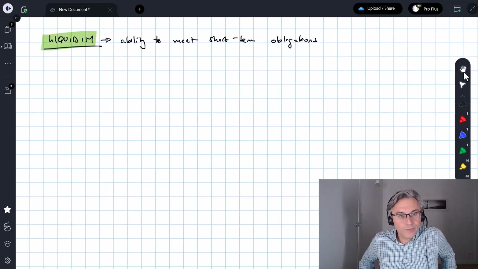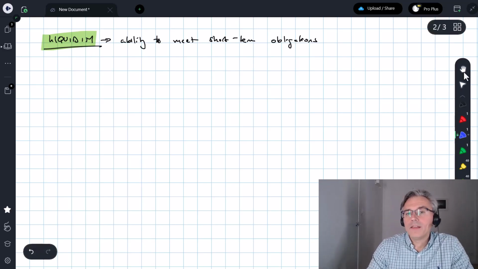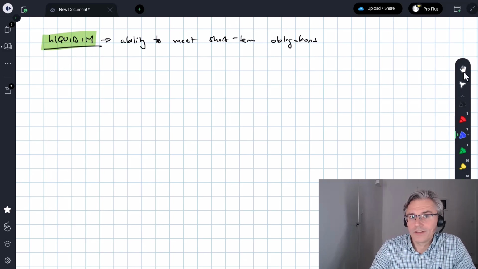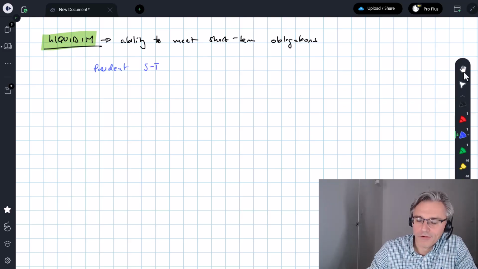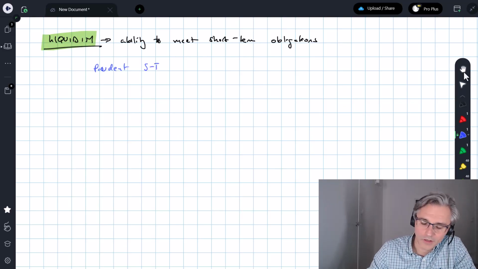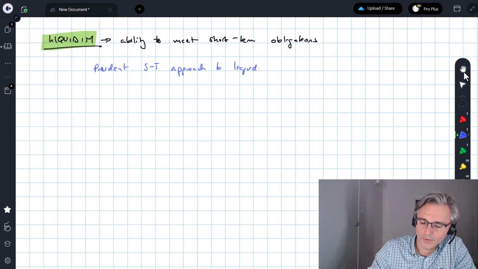And your book decides to talk about what it considers elements of a prudent short-term approach to liquidity management.